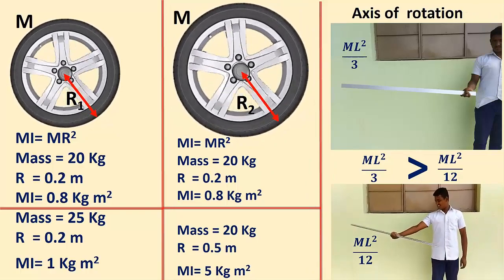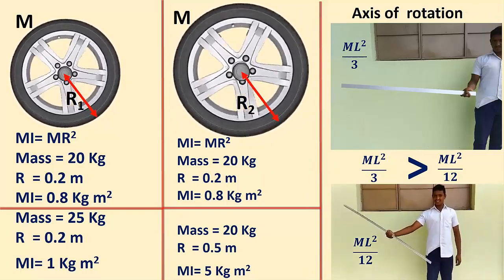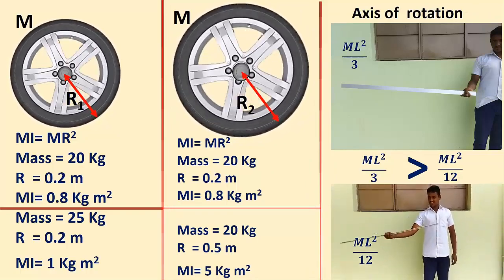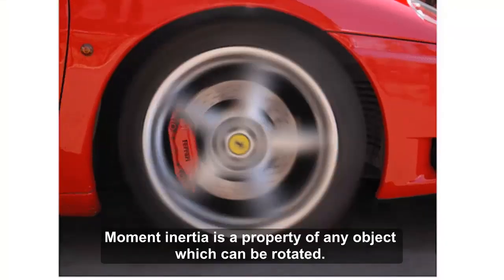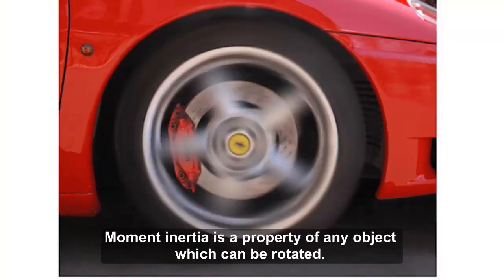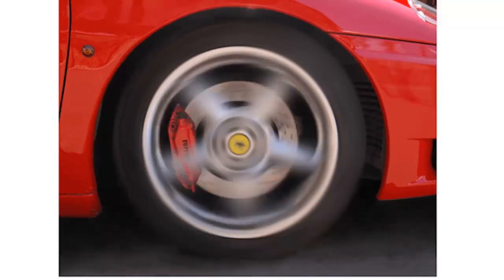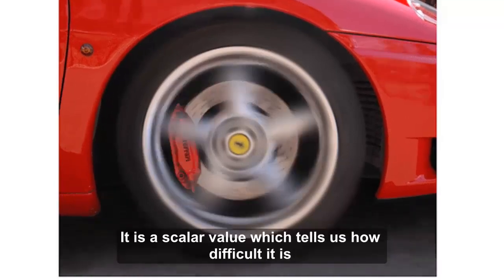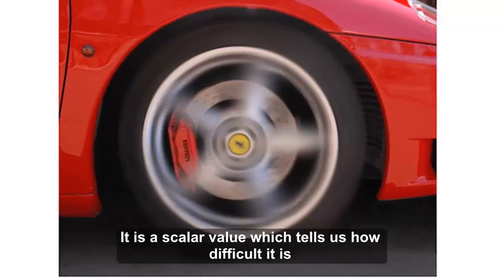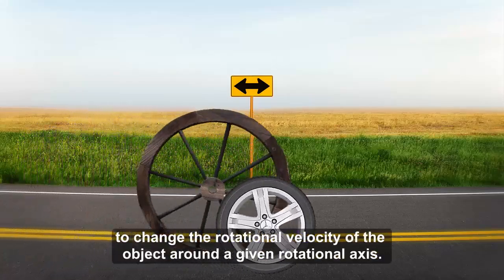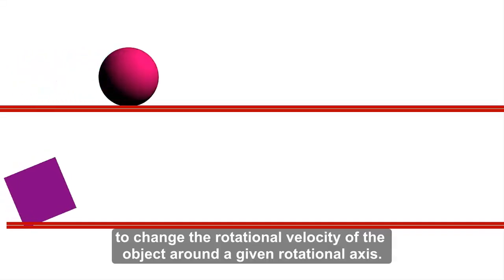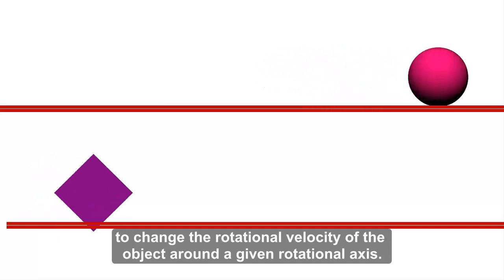And each shape has a different formula to calculate moment of inertia. Moment of inertia is a property of any object which can be rotated. It is a scalar value which tells us how difficult it is to change the rotational velocity of the object around a given rotational axis.